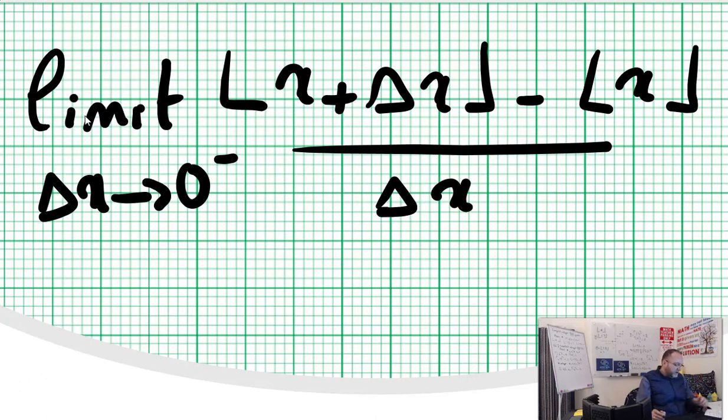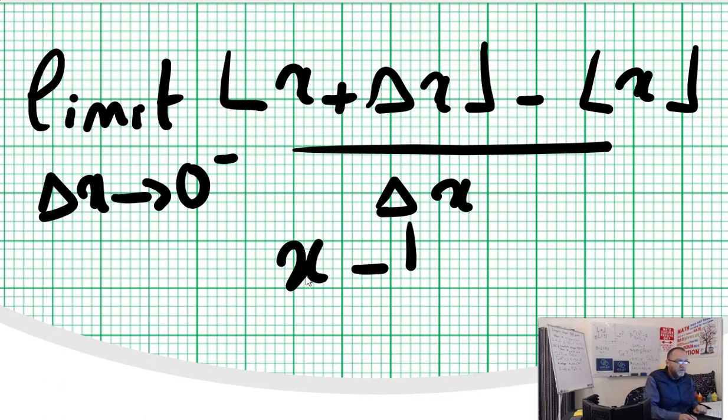Now, when you're approaching from the left, that means the negative zone. That means it's the integer one less than x. So here, what do I get? I get x minus 1.